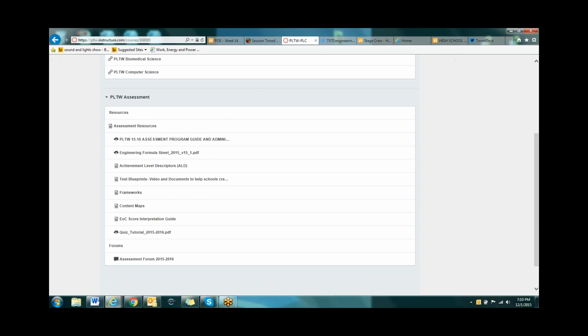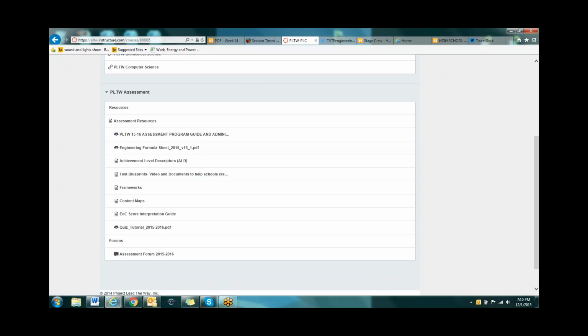But as you scroll down here, there's a whole section on the Project Lead the Way assessment as far as different resources that you might need. There is an engineering formula sheet. Again, we just talked about that. We can use it. For us, it's only like the first 6 pages that we really use, but it's one formula sheet for everybody. So if you do print it off for your kids, I would just give them the section they need so they're not as confused.